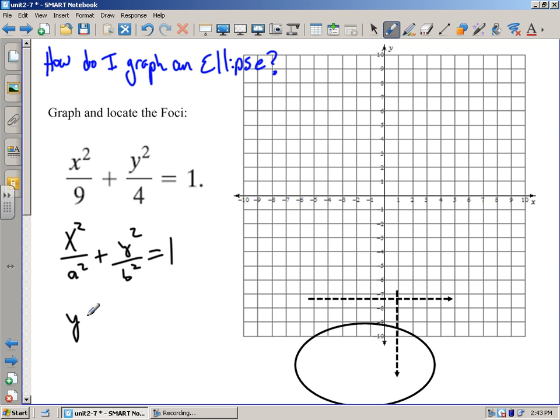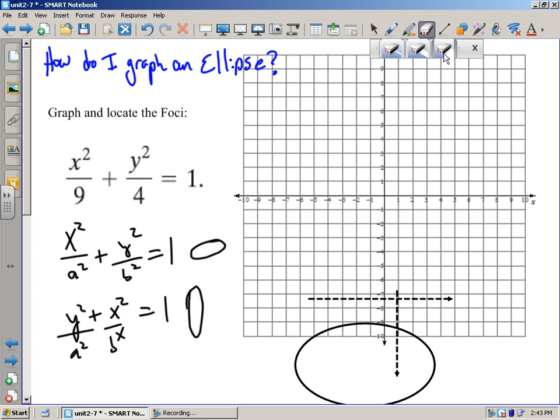Now, another way that we show it is like this. This time, the a squared is underneath the y, and the b squared is underneath the x. So this guy gives us a horizontal ellipse. This guy gives us a vertical ellipse.